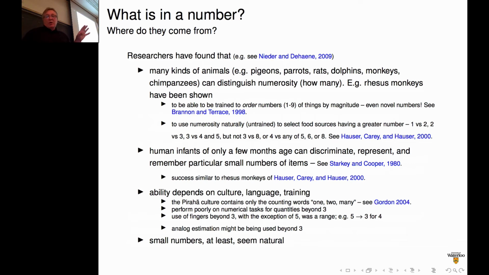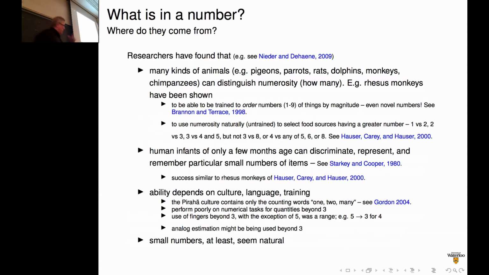And in particular, there's some work here on rhesus monkeys that have been shown that they can be trained to at least order numbers by magnitude from 1 to 9, even numbers that are new to them that they haven't been trained on, they can get that. And then naturally untrained, to select food sources having a greater number, for example, they can distinguish 1 versus 2, 2 versus 3, 3 versus 4 and 5, but somehow not 3 versus 8, or 4 versus any of 5, 6, or 8.